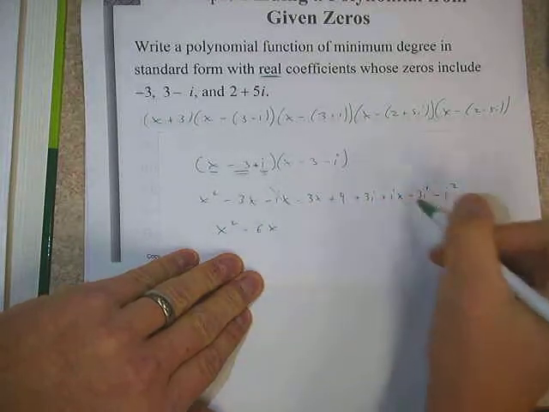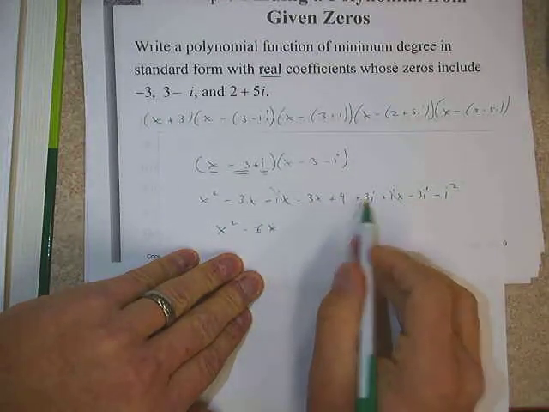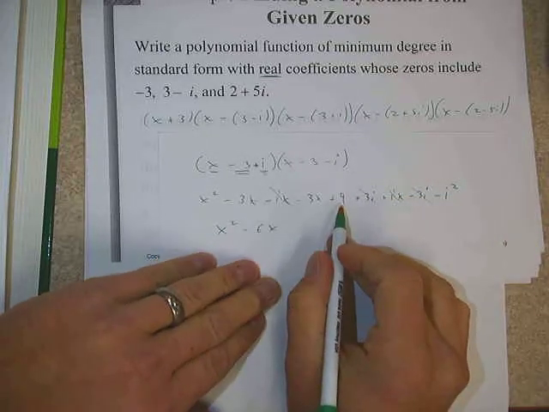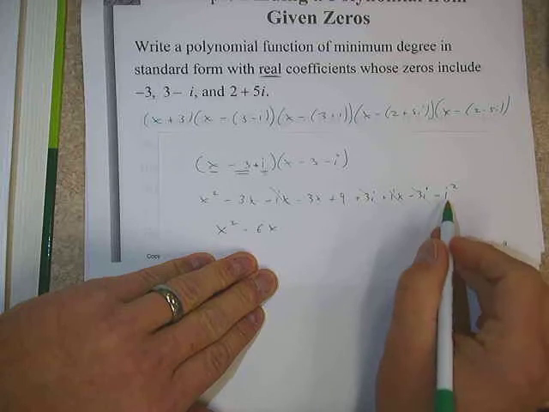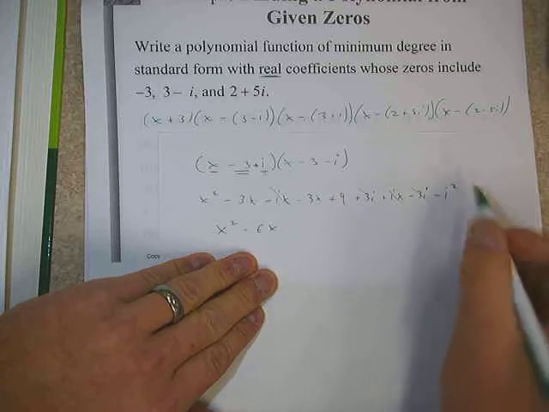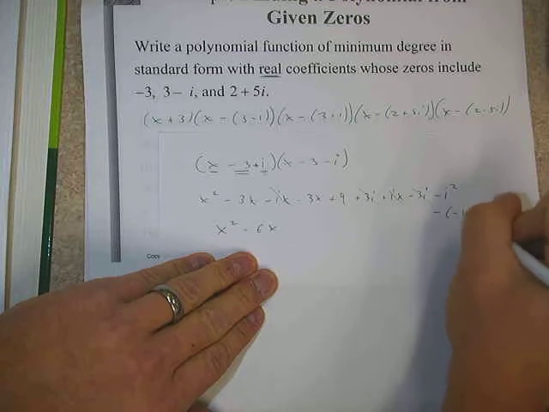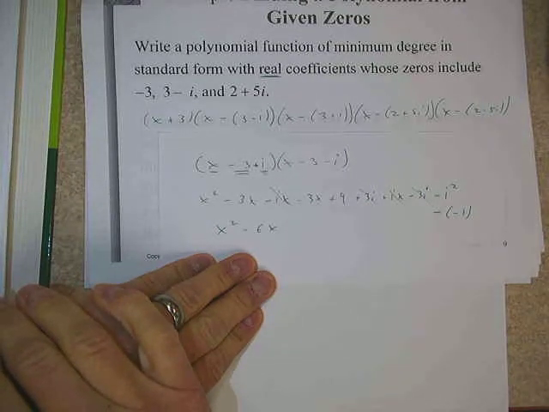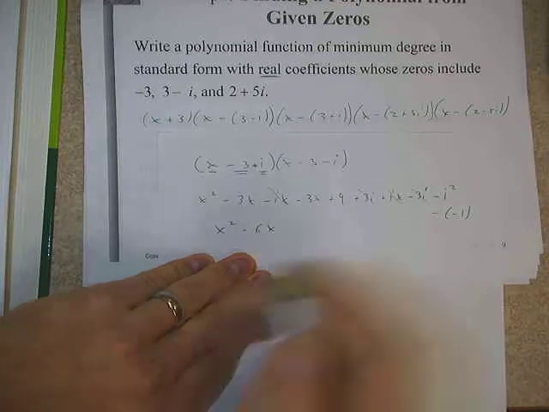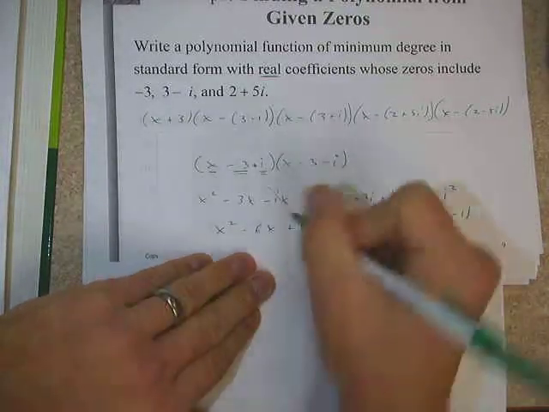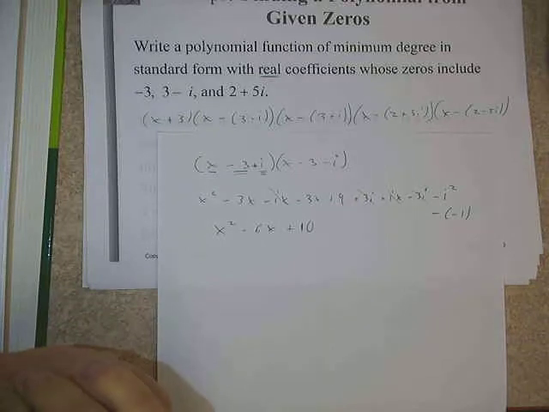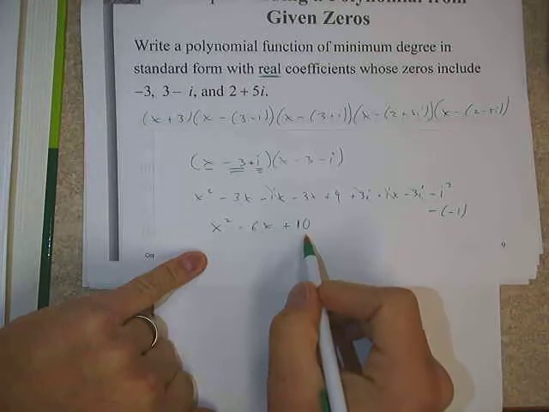And if we look at what happens to our different parts here, we have an x squared, of course. We have negative 3x and negative 3x. That makes negative 6x. And notice here we have a negative ix and a positive ix. So those are gone. We have a 3i and a negative 3i. Those are gone. We do have a plus 9 here also. However, we also have a minus i squared. This is really minus negative 1 then, isn't it?